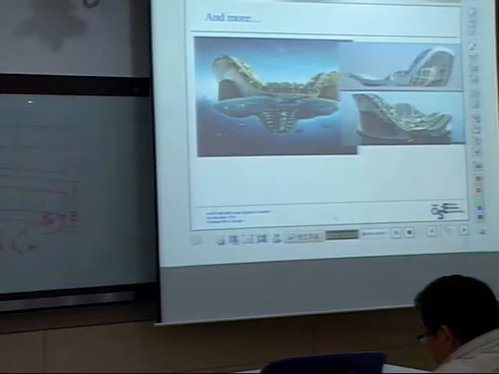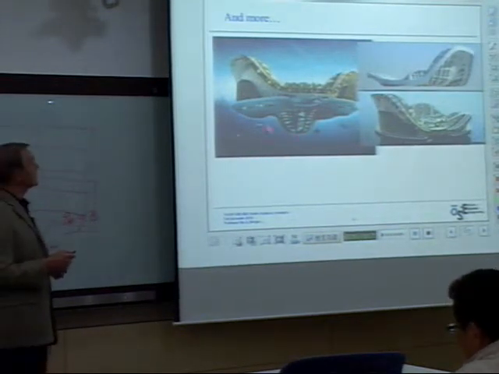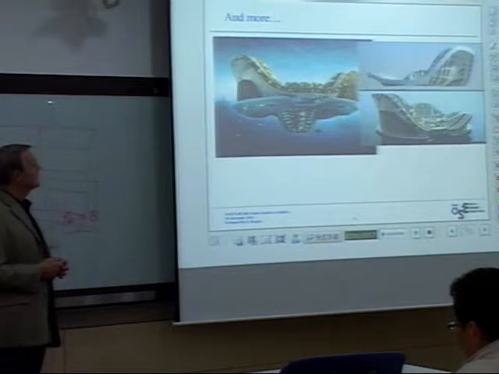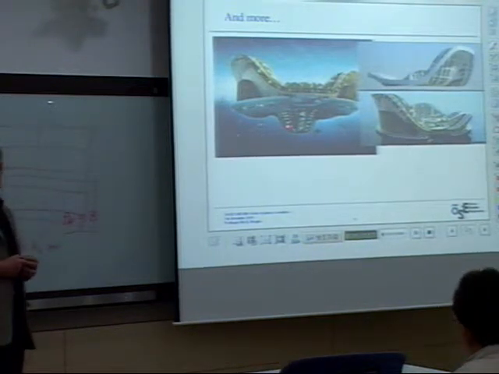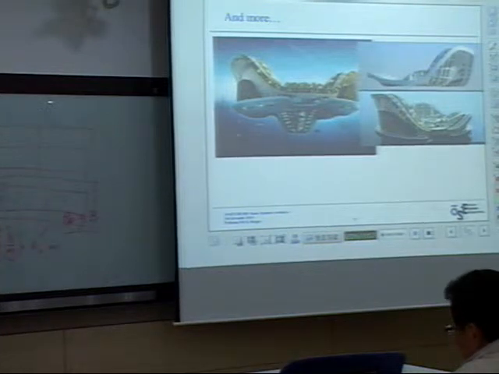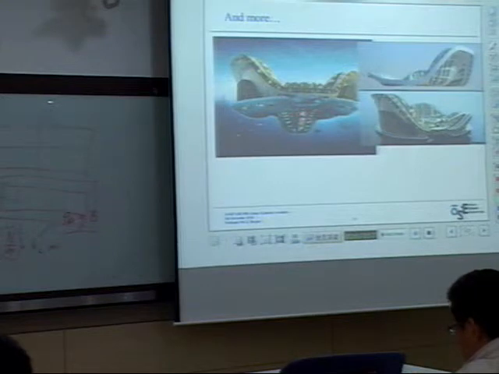And some of these ideas, like to dip into the water and have glass to be able to look under. Again, I would worry about the safety or something like that. Glass bottom far down underwater.